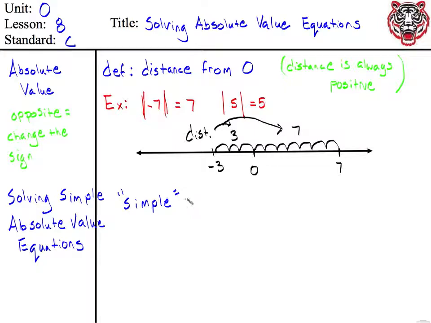What I mean by simple is this: the absolute value sign is alone. It doesn't have any numbers added to it. It doesn't have anything multiplied by it. No distribution has to happen. So it's alone, and it's on one side.